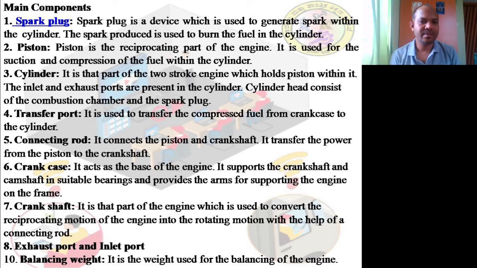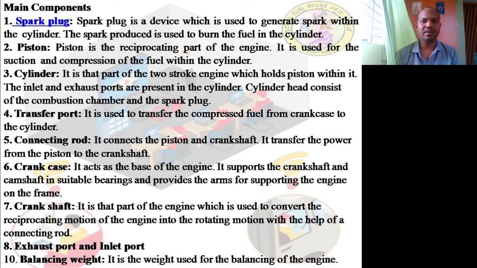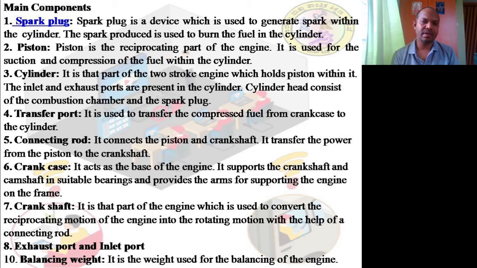Next one is the connecting rod. It connects the piston and crankshaft. It transfers the power from the piston to the crankshaft. That is the use of the connecting rod. This is what we have already discussed in the parts of the IC engines. Then we have a crankcase.